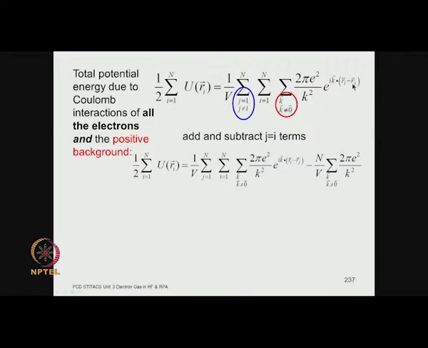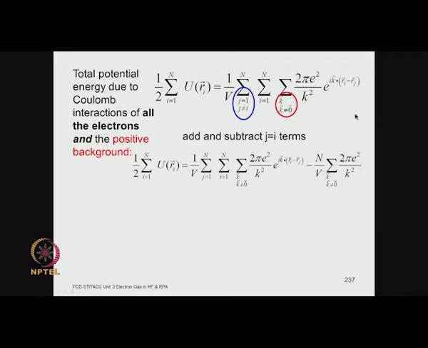Because for j equal to i, you get Ri equal to Rj, so you get e to the 0, so you get 2 pi e square over k square, which you must add to itself n times, right? So you get n, there is a 1 over v here, so that gives you n over v times this summation over k not equal to 0 of 2 pi e square by k square. What is this?